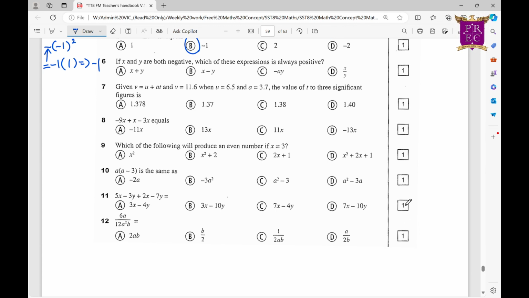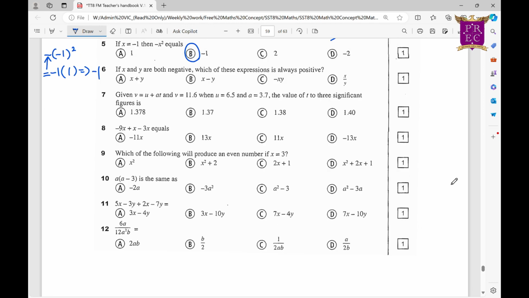Alright, now question 6 is asking if x and y are both negative, which of these expressions are always positive? And so we can cancel out A, because if you have, let's say, -1 plus -3, this negative will change the plus into a minus.